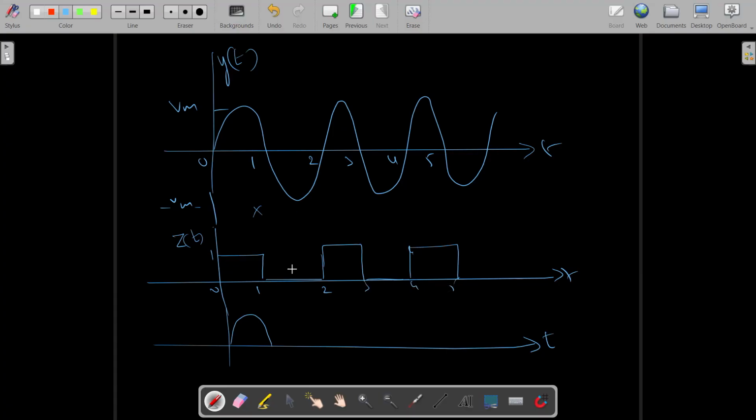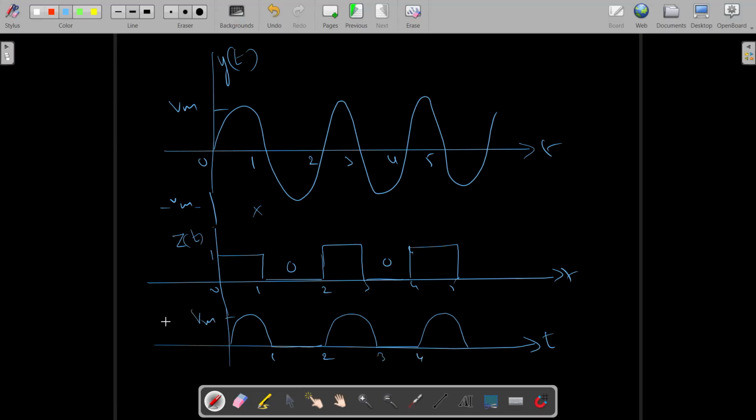So wherever we have a negative pulse, that will be multiplied with 0, therefore the overall answer is going to be 0. So therefore this is 1, and 1 to 2 it is going to be 0, so once again from 2 to 3 it is going to be a pulse, and 0, one more pulse and so on, right? So therefore this is going to be Vm, this is 3, 4 and so on.